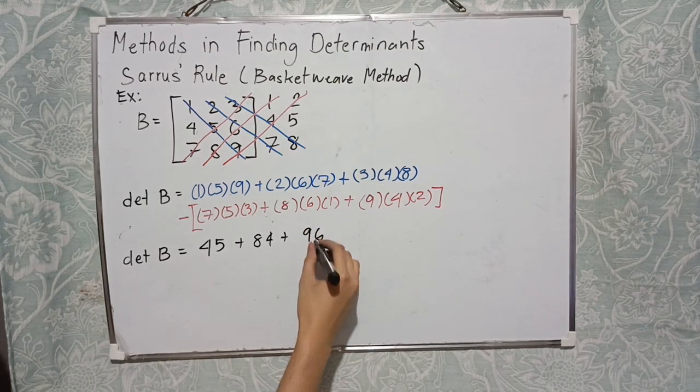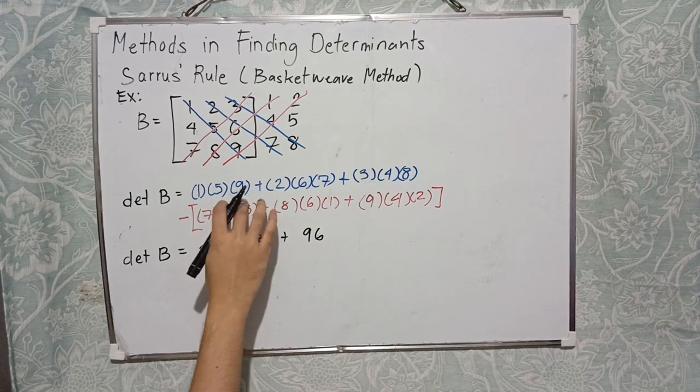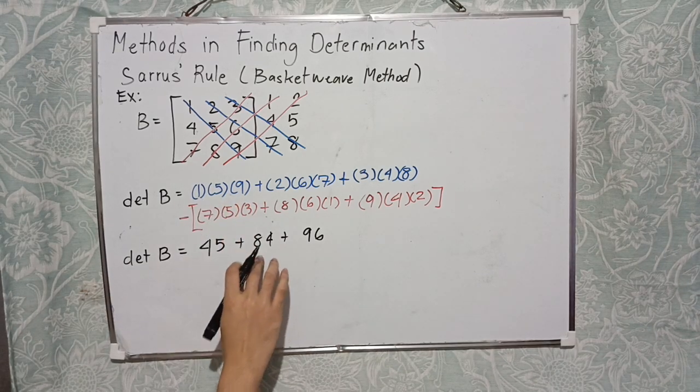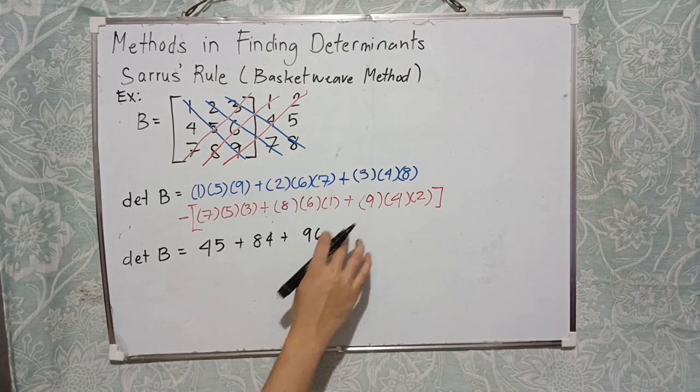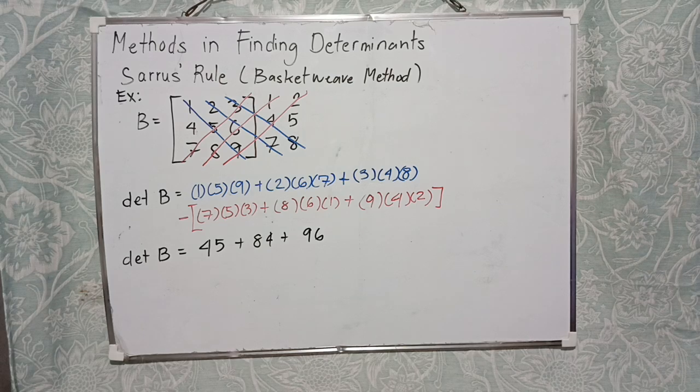This 45 came from this product, 84 from this one, and this 96 is from these values.